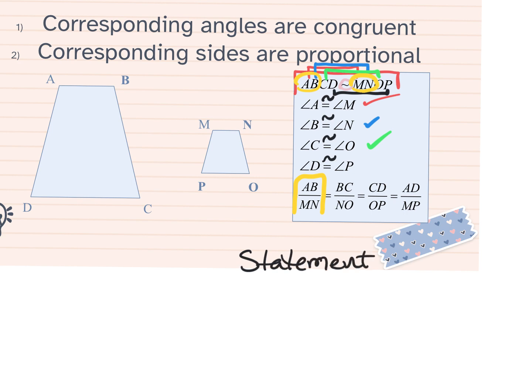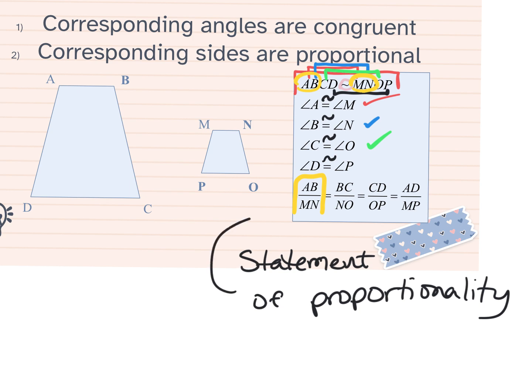So when you see this request to list the sides in a statement of proportionality, this is what I'm looking for, is you to find the corresponding side matches, and then you're going to write them as ratios. When you're asked to check to see if two polygons are similar, each one of these ratios will need to be the same. They will need to simplify to the same ratio.